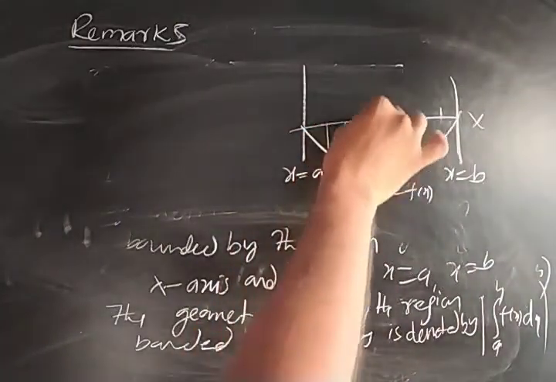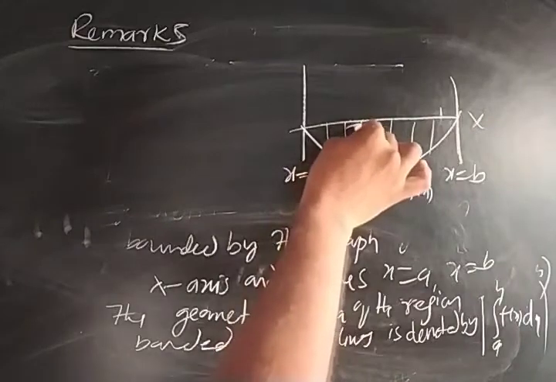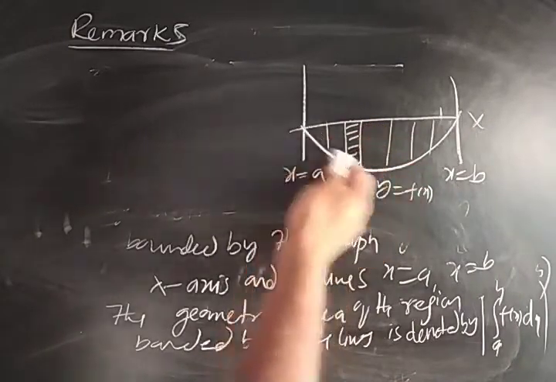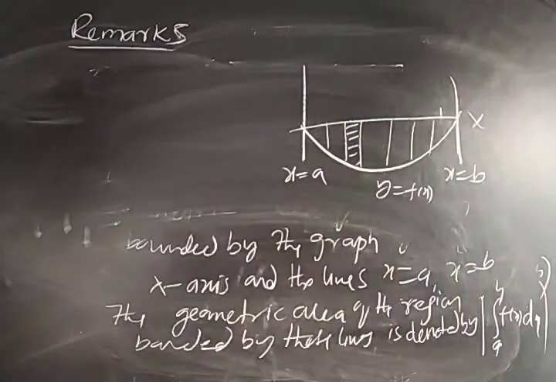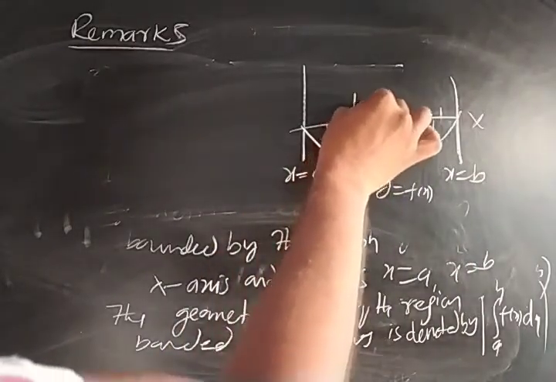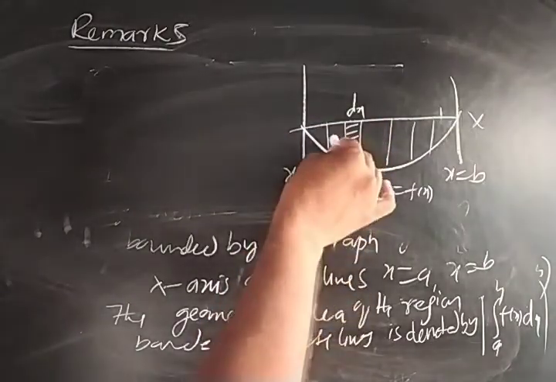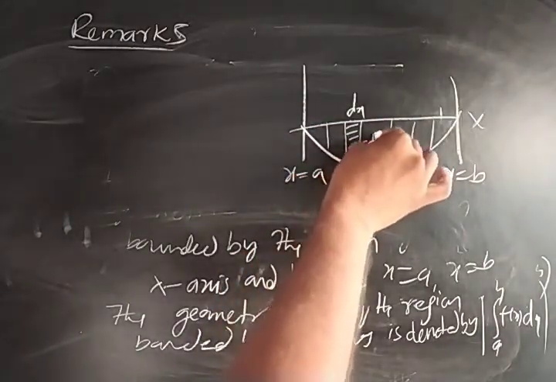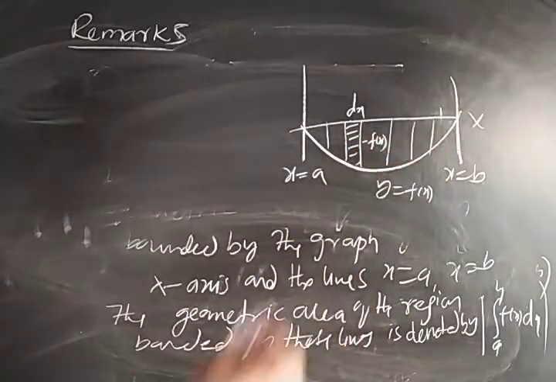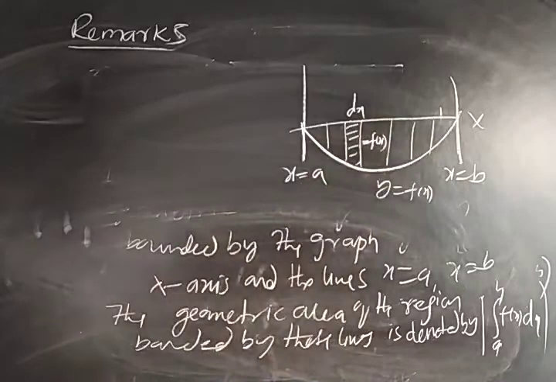Now this is the required area, bounded between the graph, the lines and the x-axis. Suppose I take this small strip of width dx, and this y value is minus f of x, because it lies below the x-axis.